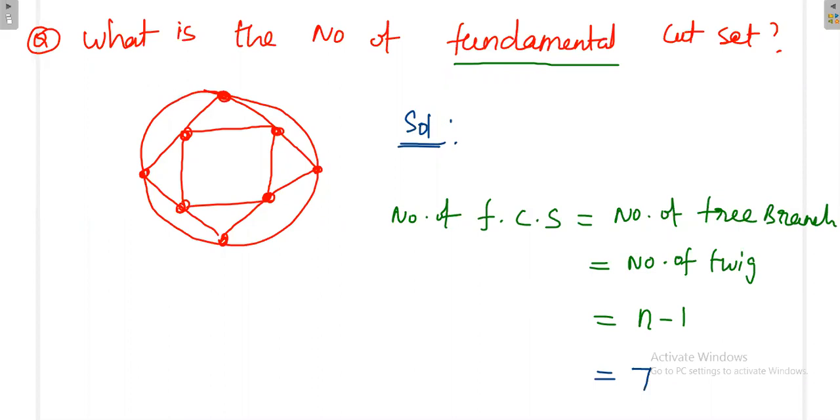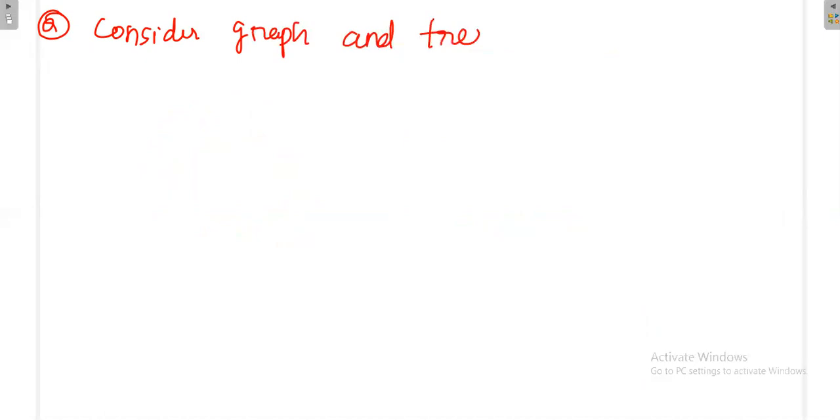Okay, next question. Consider the graph and tree. The tree is given in dotted line. Consider the graph and tree of the given diagram.